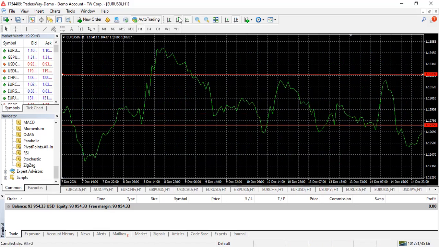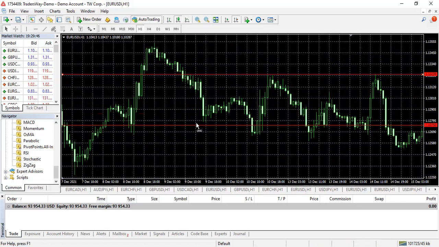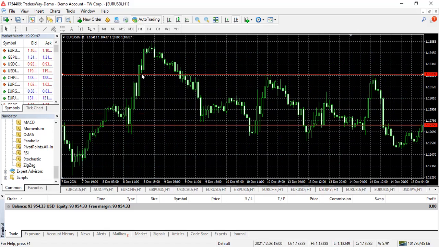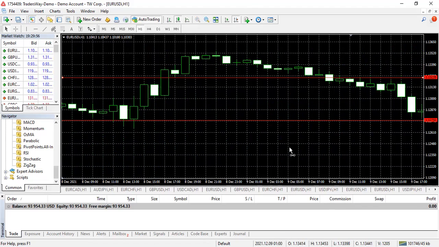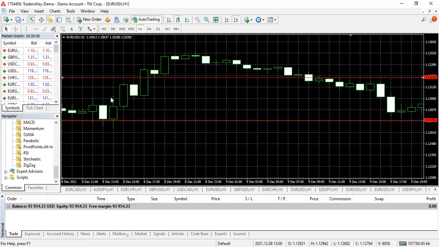So this is our candlestick charts. Let me zoom it so we can see it clearly. So this is our candlestick. This is the wick. The upper side here is called the high. The lower side here is called the low.